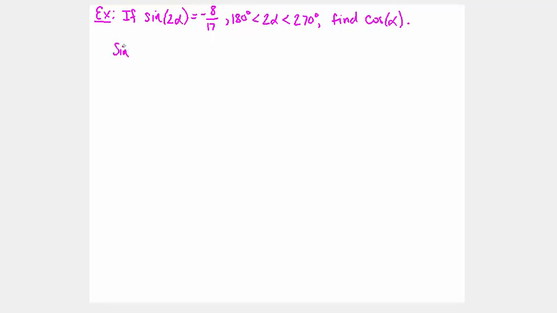We know that the sine of 2 alpha, using our identity, is the same as 2 sine alpha cosine alpha. What we also know is that sine of 2 alpha is equal to negative 8/17. So I'm just going to substitute sine of 2 alpha with that very number. So negative 8 over 17 is equal to 2 sine alpha cosine alpha.